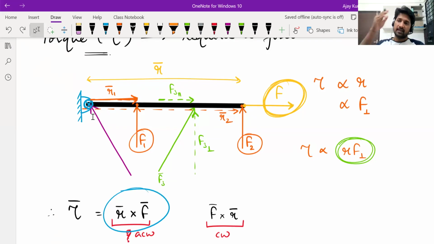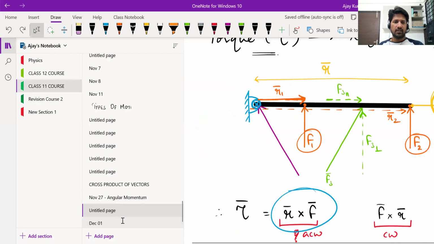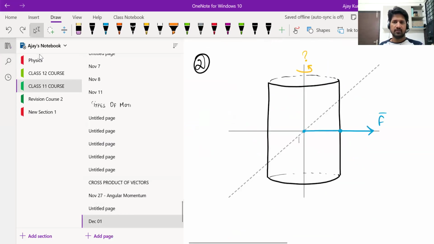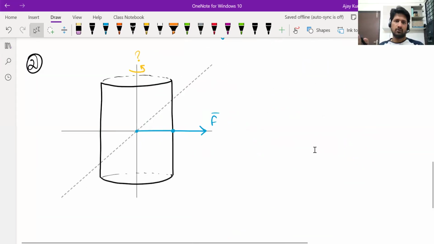It means the axis and the point of application of force are in the same plane. Then if you take r cross F, it will never have a component along that axis. So if the line of action of a force intersects an axis, it cannot produce torque about that axis. You can visualize it like this also. Fine.